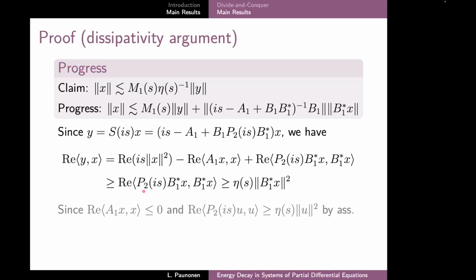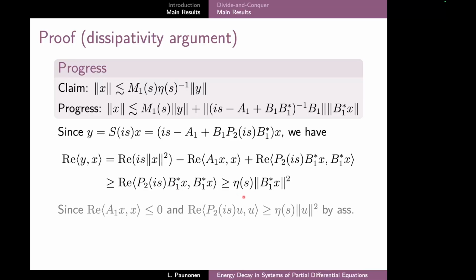to arrive at a formula which only involves the last third term in our inner product. And here we can employ our assumption on the transfer functions P2, which said that exactly these kinds of inner products should be bounded from below by the function eta at s, as well as the norm of the quantity that we have here.